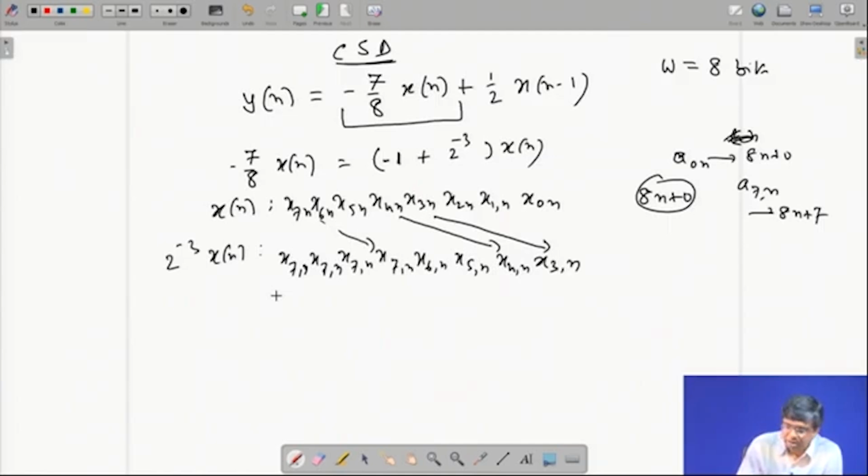I have to add minus xn with that. Minus xn means I have to take the 2's complement of the original word.